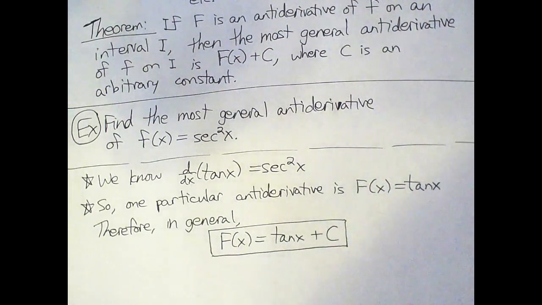You could also try to visualize this: if you have a function and you add a constant to it, all you've really done to the graph is shift it vertically, upward if c is positive, or downward if c is negative. When you shift a graph up or down, it doesn't change the derivative. It doesn't change the slope of the tangent line. So that's another way to think of it, and why it's okay to add a constant.